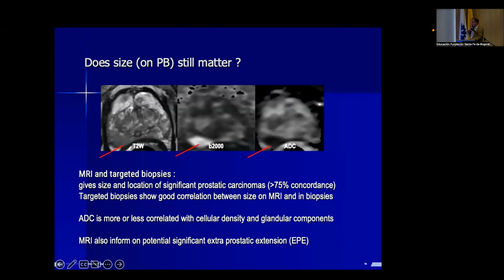A question now is on the size of the tumor on biopsies. As we saw this morning, the MRI gives relatively good information concerning the size of the tumor. And what we can observe is that the dimension of the tumor on targeted biopsy is fairly related to the size of the tumor seen on the MRI. So in my pathological report I give three pieces of information.